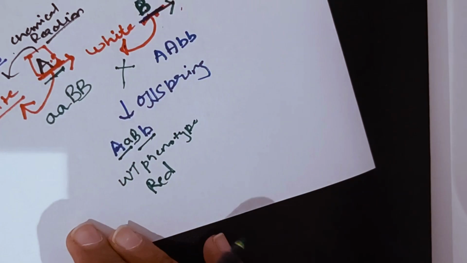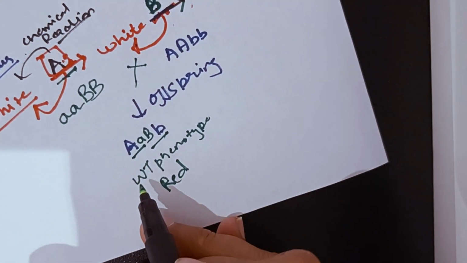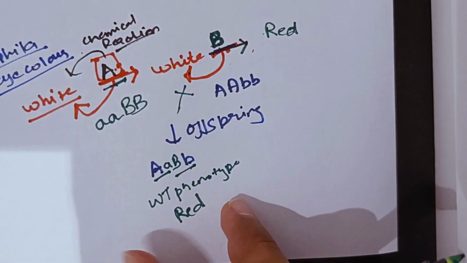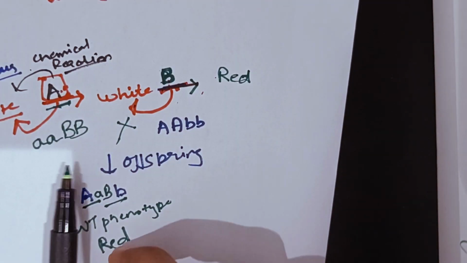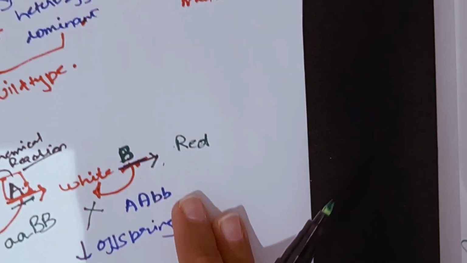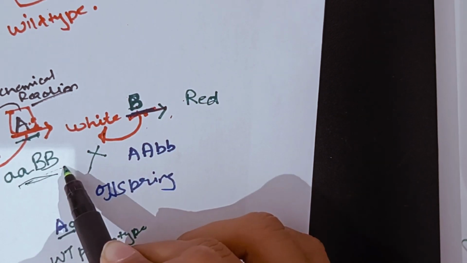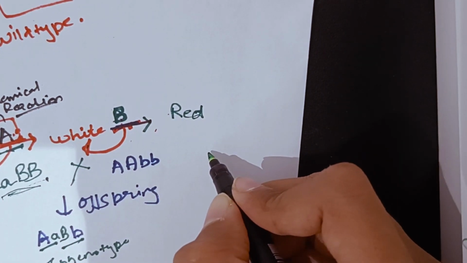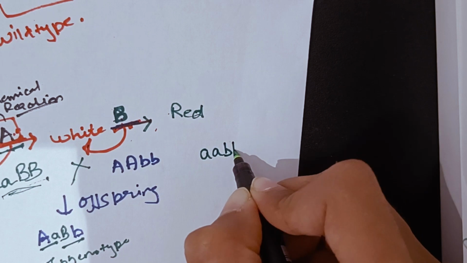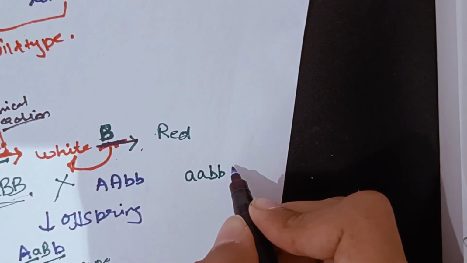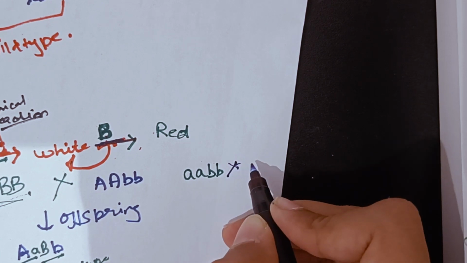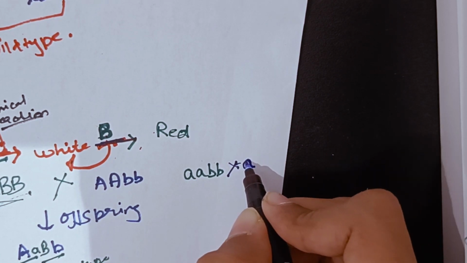So from this we know that the mutation is in two different genes, because the offspring that we are getting is red in color. What happens if the mutation is in the same gene? Instead of having the mutation in one, the mutation is in both genes, and then it is crossed with the parent which is normal.